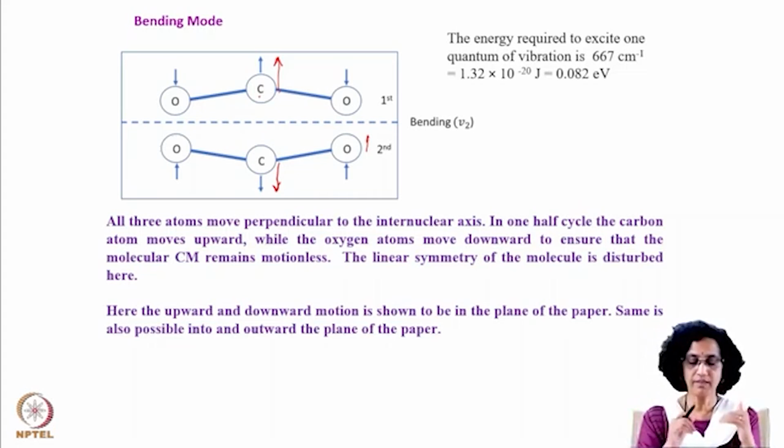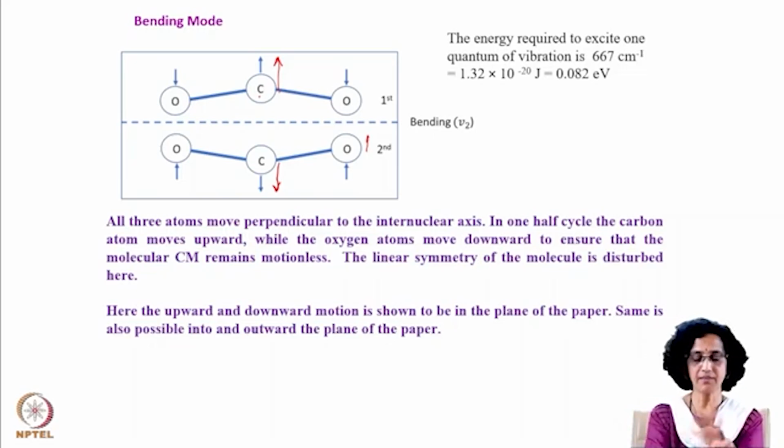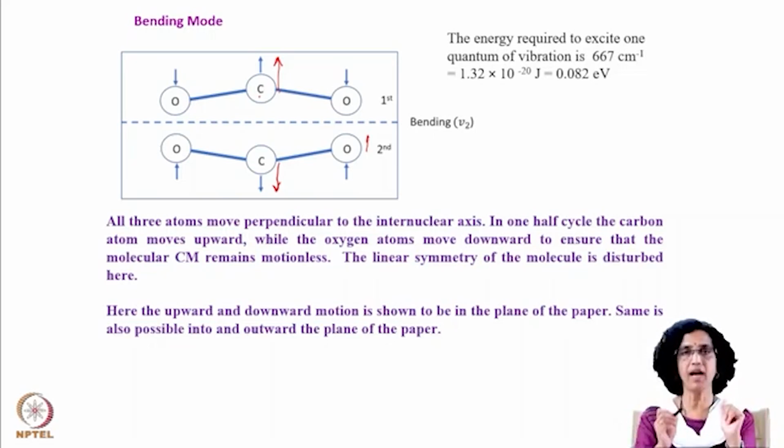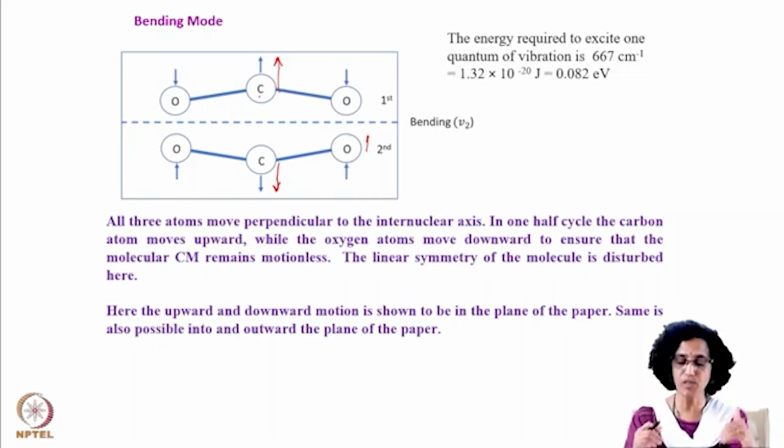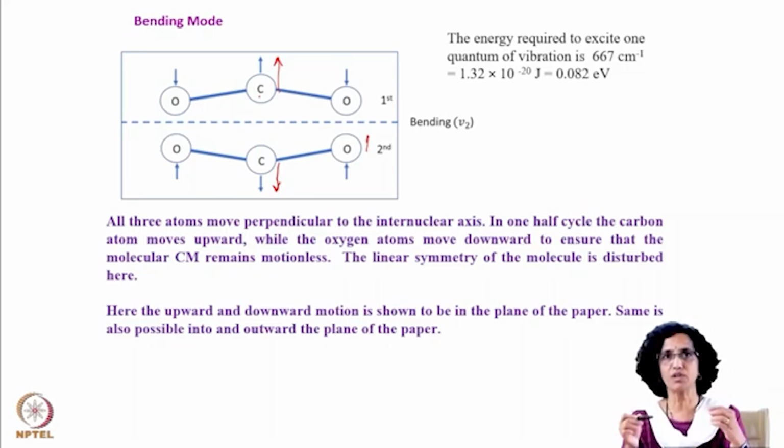This is one way, where we are talking in the plane of this board, with the carbon atom moving up and down while the oxygen atoms move in the opposite direction. The other possibility is that the carbon atom moves perpendicular to the plane of this board, going in and out, and so are the oxygen atoms.